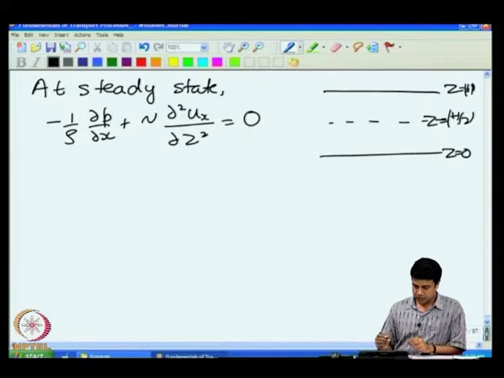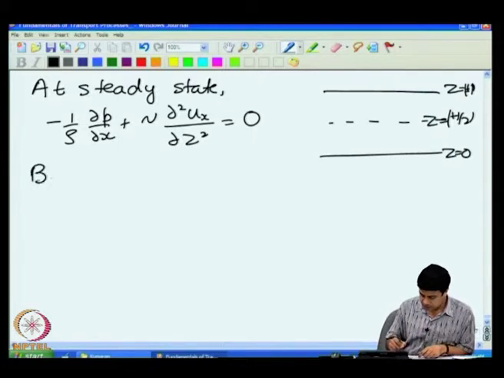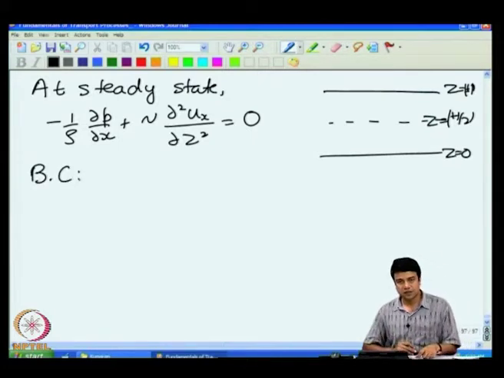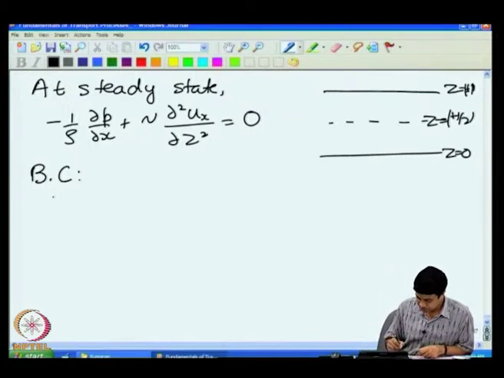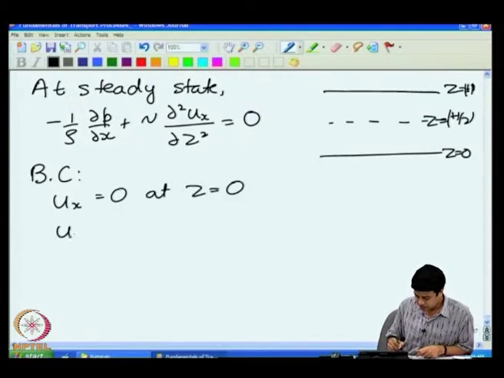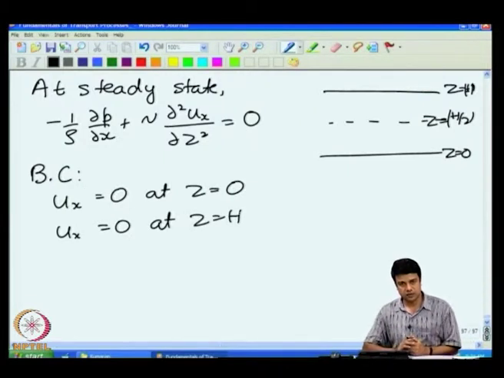So, my boundary conditions require that the velocity is equal to the wall velocity at the two surfaces. At the two surfaces, ux is equal to 0 at z is equal to 0, and ux is equal to 0 at z is equal to h. So, those are the boundary conditions that I have to solve this equation subject to.